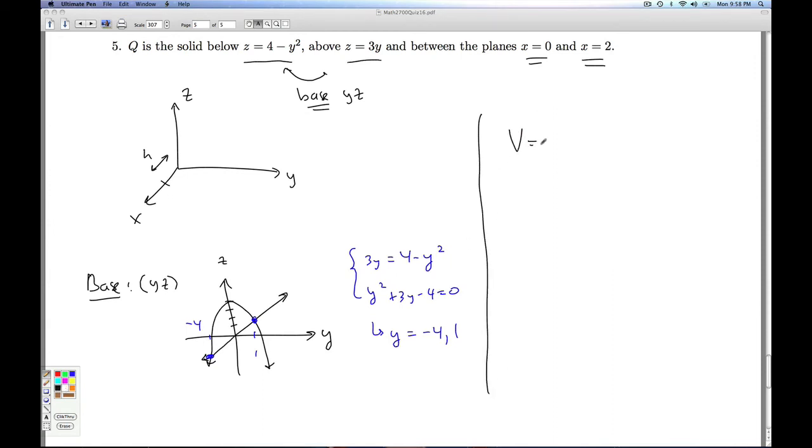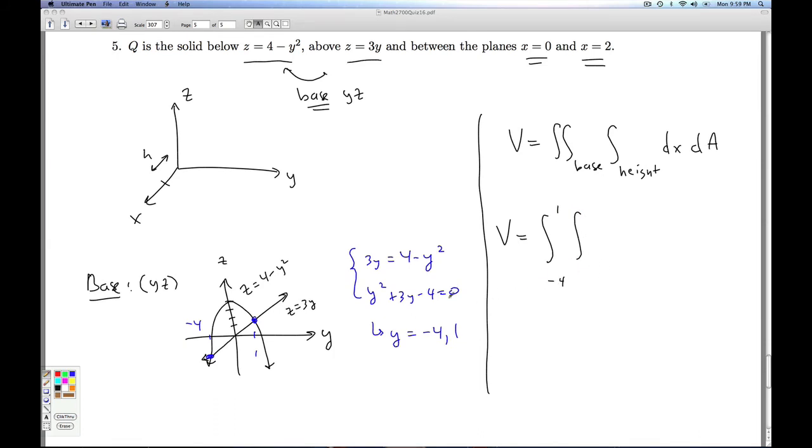And so we're going to have volume V, double integral over the base, integrate the height variable. The height in this case is dx. The base is going to be either dy dz or dz dy. We'll make that determination now. Since z is given as a function of y, it makes sense to chop up the y's from a constant -4 to a constant 1.